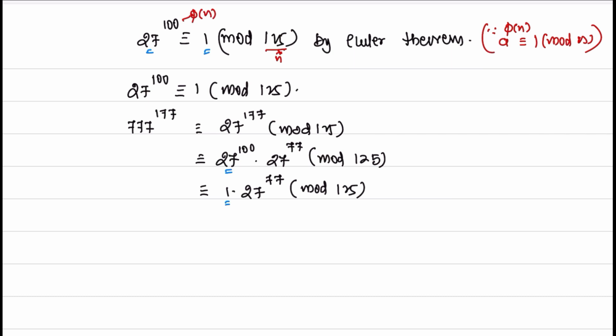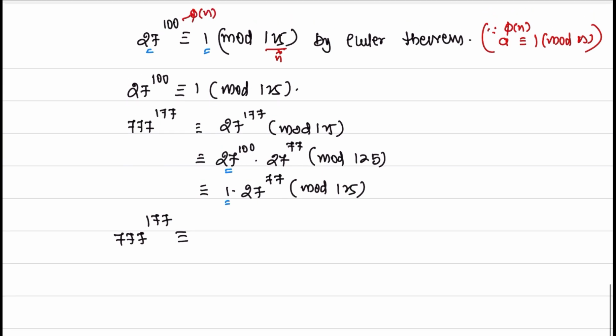Now, ultimately it is reduced to 27 to the power of 177 equivalent to 27 to the power of 77 mod 125.